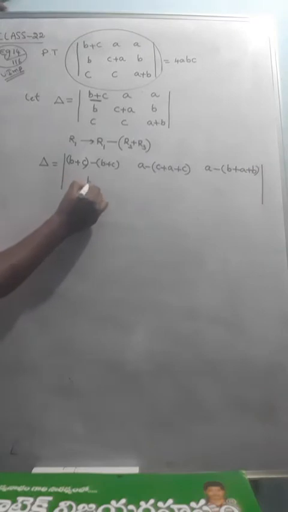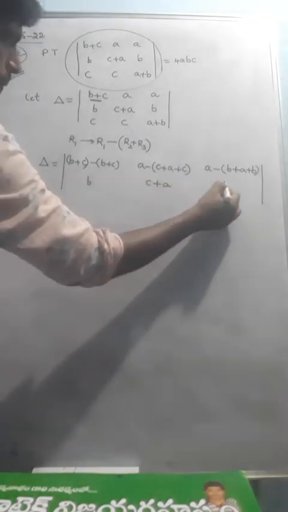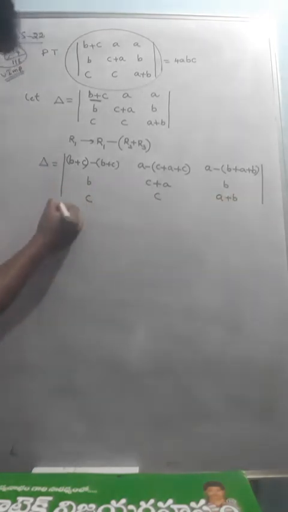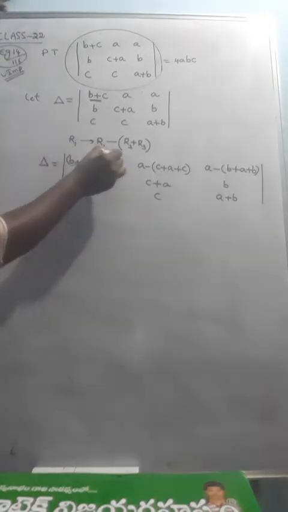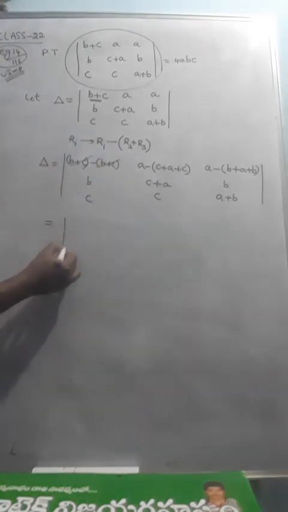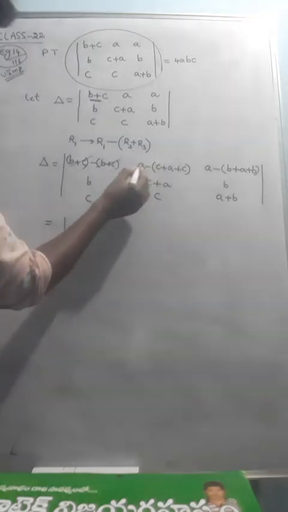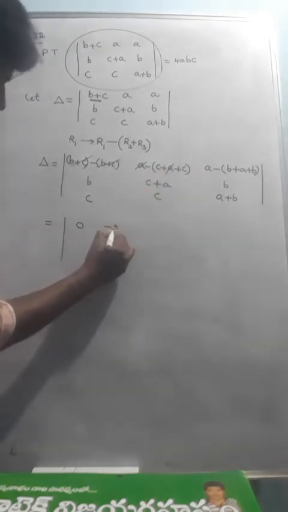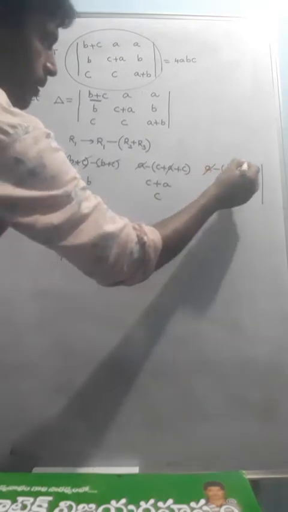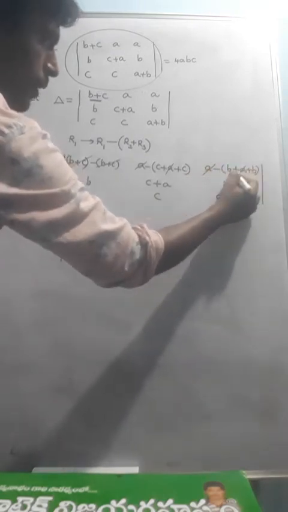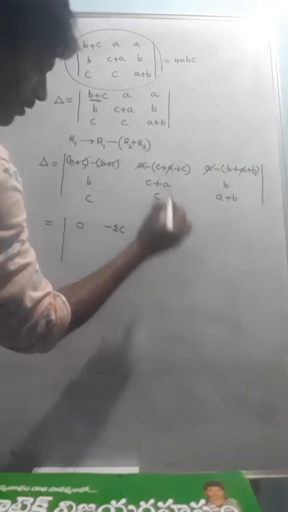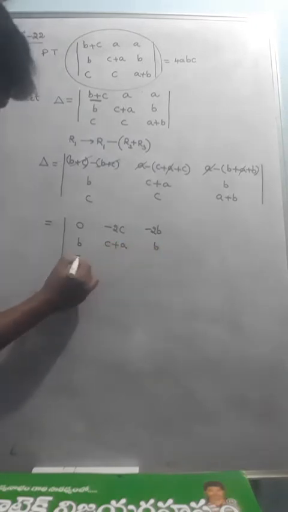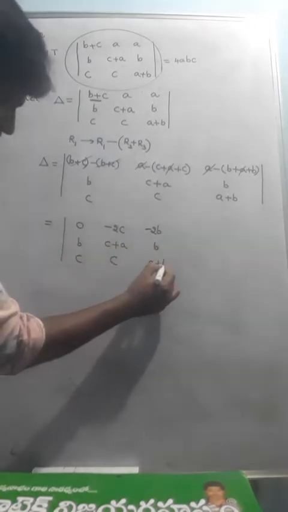Down, R2 is the same as it is: b, c plus a, b. And c, c, a plus b.